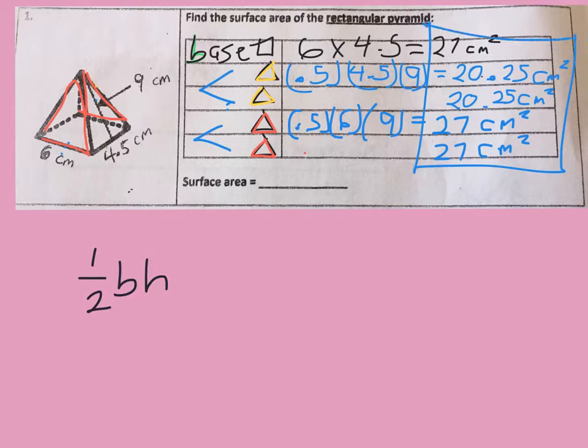So add all of your areas up, and that will be the surface area for this rectangular pyramid. All right, so hopefully you got 121.5 centimeters squared for the surface area of this rectangular pyramid.